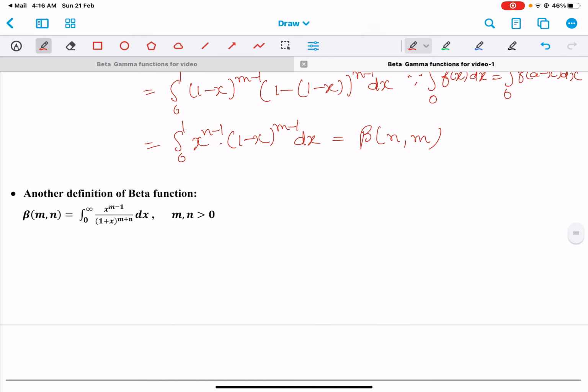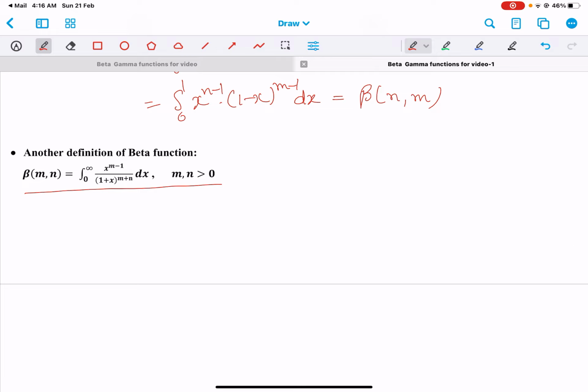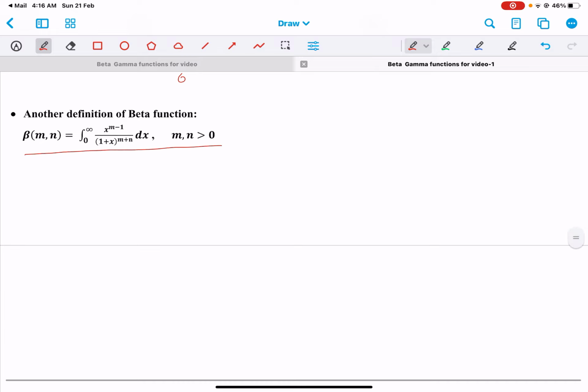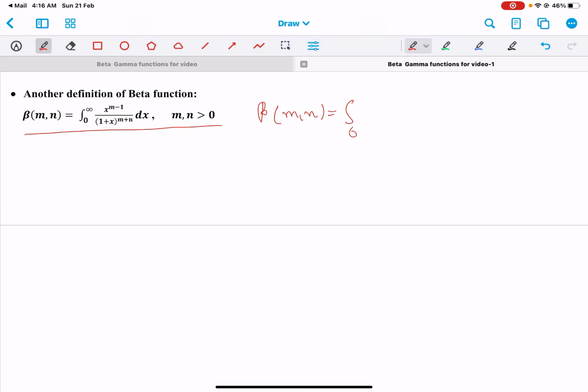Now here is another definition for beta function. So to prove this result, let me take beta mn equal to integral 0 to 1 t to the power m minus 1 into 1 minus t to the power n minus 1 dt.